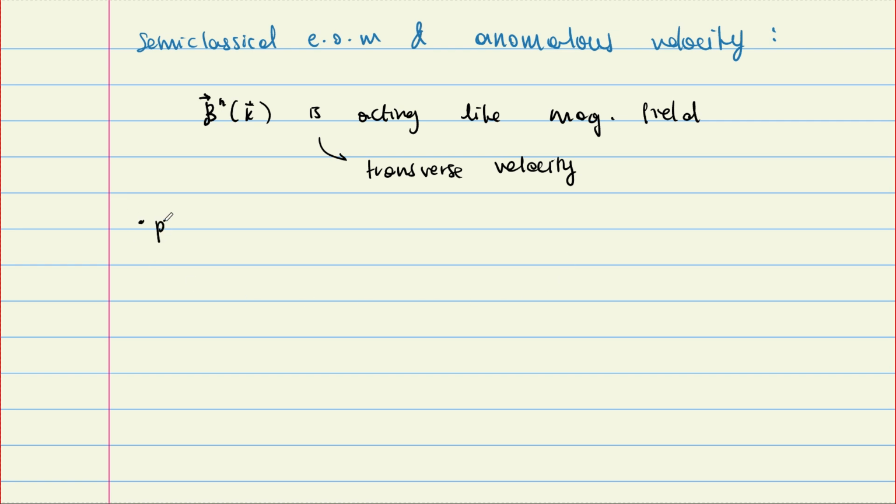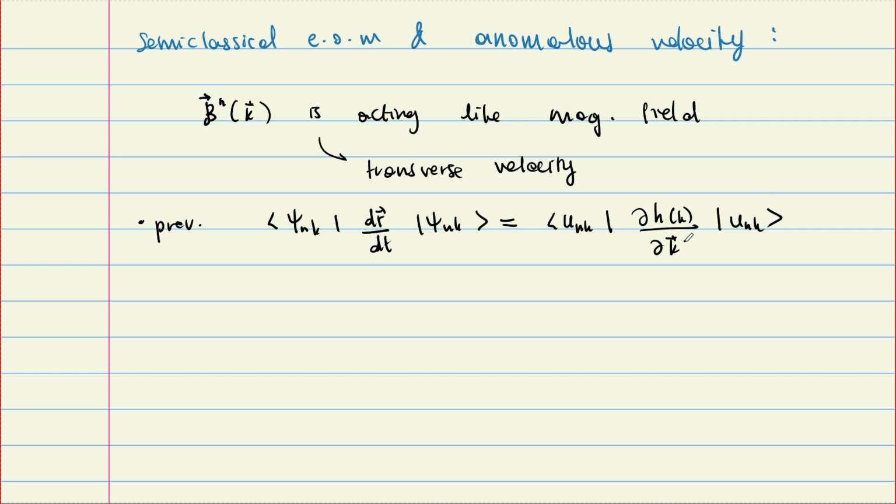But previously, if you remember, we calculated for psi_nk: let me write it like this, dr/dt of psi_nk was equal to, you can write this like p over m. And what we found was <u_nk| del_k H_k |u_nk>.